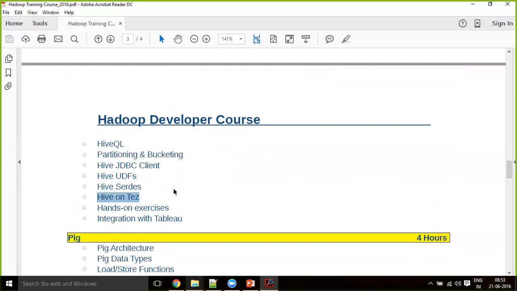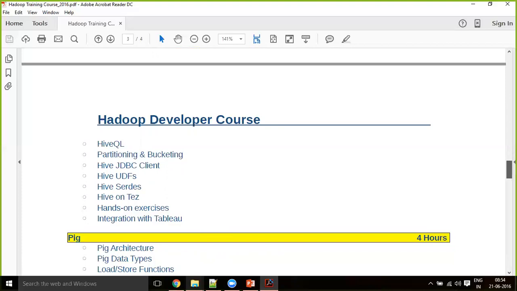This works only on Hortonworks, not on Cloudera, even if it's just a matter of setting one property, but we'll do that later. And integration with Tableau, and also integration with HBase. I will show the HBase examples running, but Tableau, I lost the license. The license has expired on my machines, so I can't reinstall. But I will go through the document I prepared with detailed screenshots, and you can do it on your own.